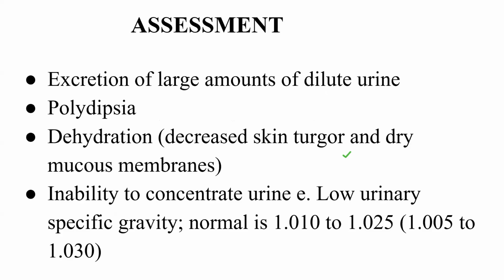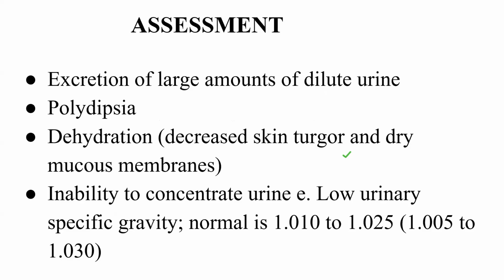So what are the assessments, the clinical signs? The first thing is excretion of a large amount of diluted urine. That's what? Polyuria. But this polyuria is a diluted one. It's never concentrated. There's also polydipsia, that's excessive thirst. There's dehydration. How do you assess for dehydration?